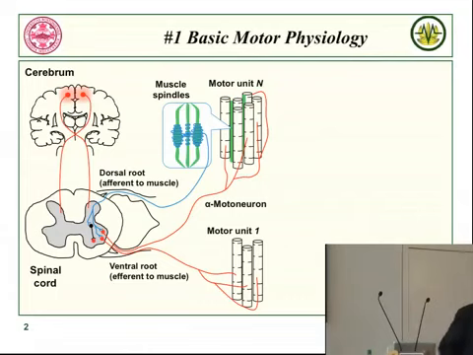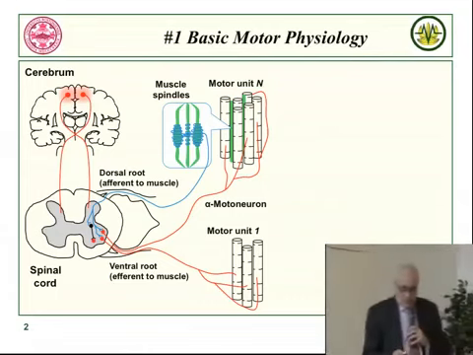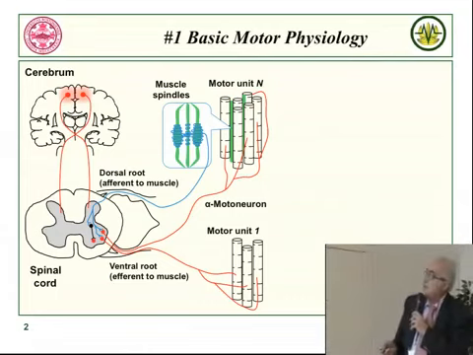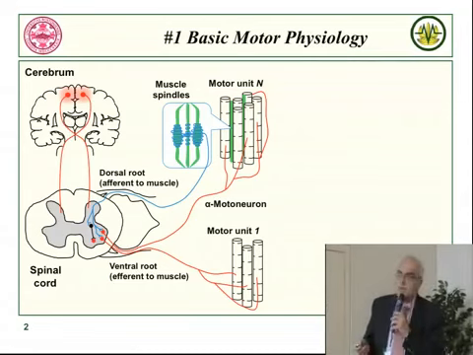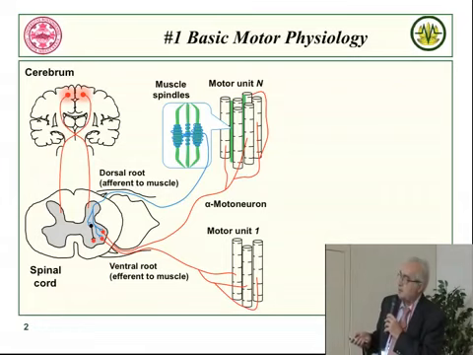I don't know if this is familiar or not familiar to you, but I thought I would start with this slide to put us into a framework of what I'm going to be talking about. This is a muscle. These are groups of muscle fibers inside the muscle, grouped together in terms of motor units.